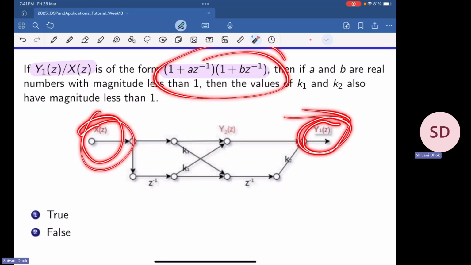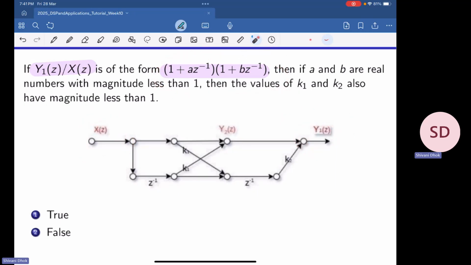Now we need to figure out what ranges k1 and k2, which are located here, can take. So let us first try to get y1 of z upon x1 of z in terms of k1 and k2.